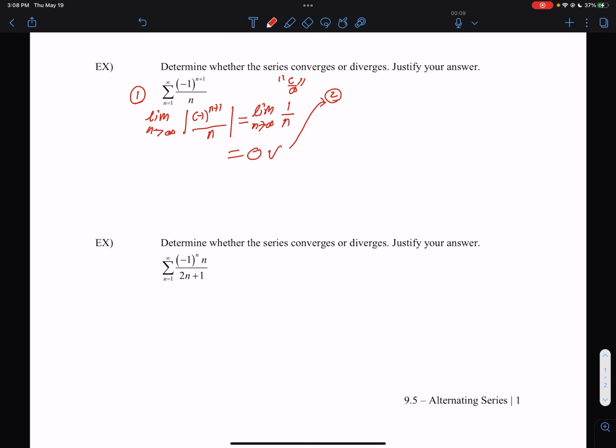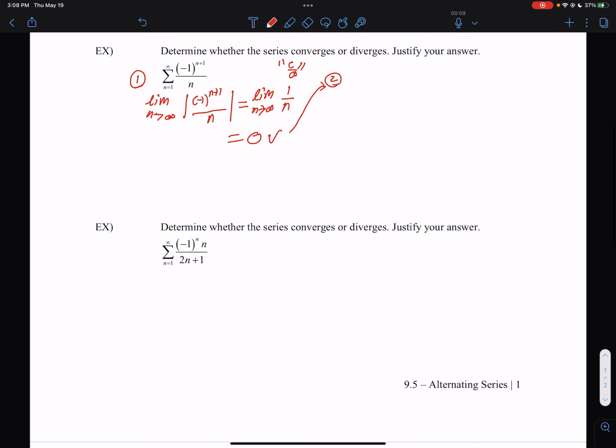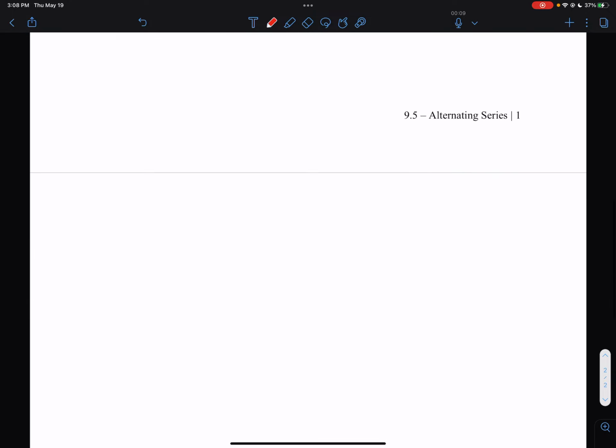For the second condition, we can refer to the hierarchy of growth. In the hierarchy of growth, there's no growth, which is constant.